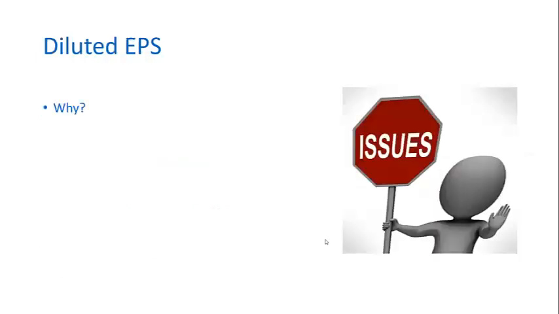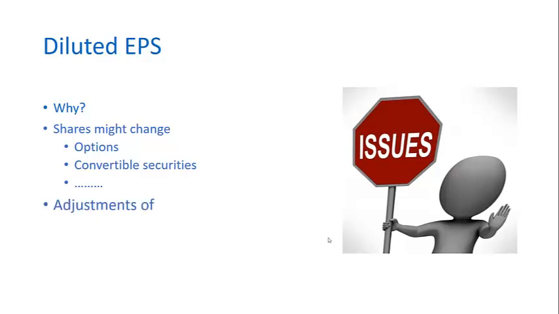The diluted earnings per share number is a lot more problematic. Why? Because it recognises that the number of shares on issue might change for things that have already been done. For example, the firm might have options on issue, or it might have convertible securities on issue. That's going to change, quite obviously, the shares number, but it's also potentially going to impact the earnings number as well, the numerator.